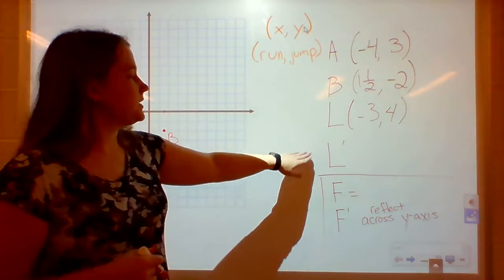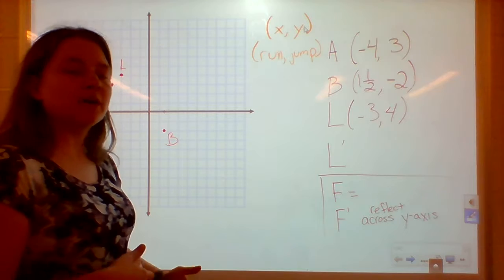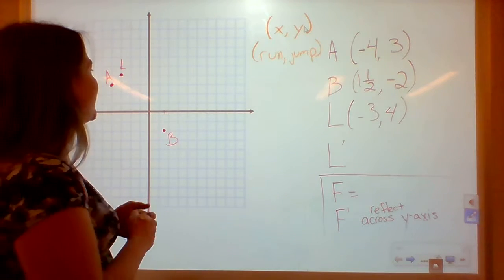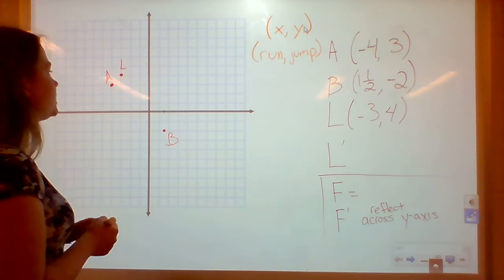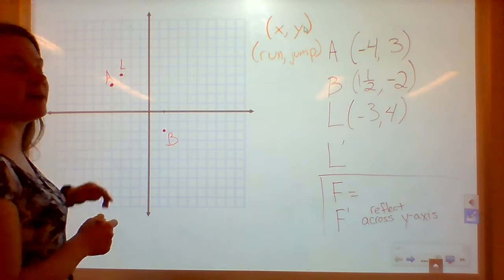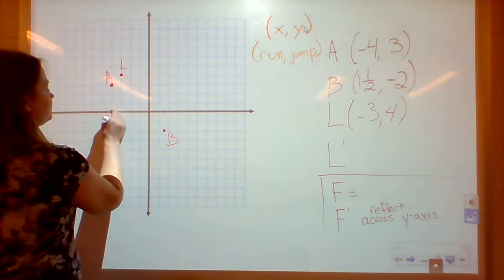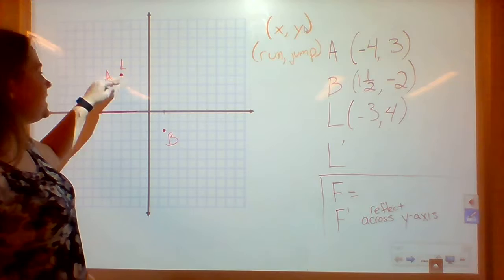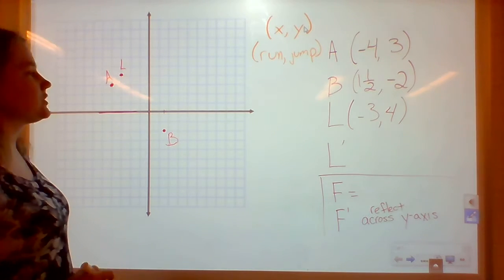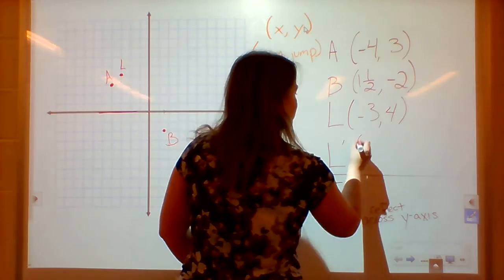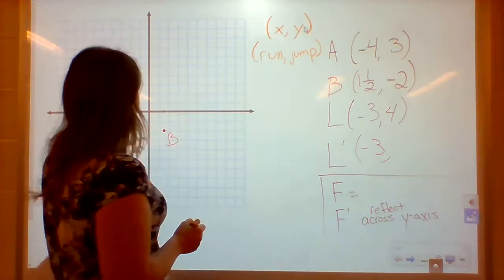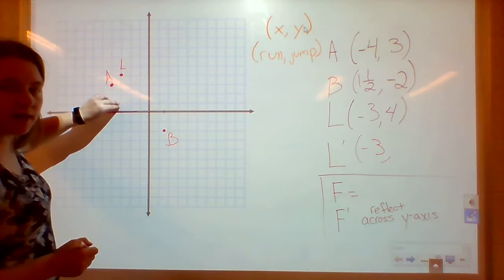Now, what I want to do with L, and you see a little dash there, it's called a prime symbol. What I want to do with L prime is I'm going to reflect it across the x-axis. So I'm going to use the x-axis, or the run axis, like a mirror. And that means that the x is going to stay the same. It will still be at -3 for running.